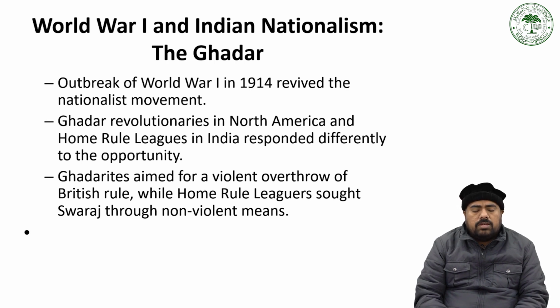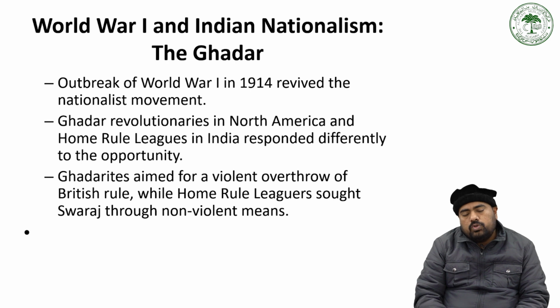So, in 1914, when it was seen that the British Empire is engaged in World War One, the nationalist movement started gaining traction, where the national movement, in fact, started becoming international, where the diaspora in North America, Canada, and Europe started taking up the cause in a much more concerted way, which are called Ghadar revolutionaries.